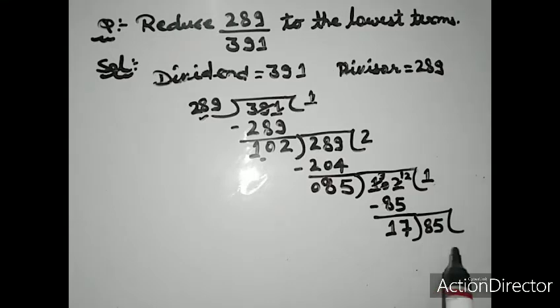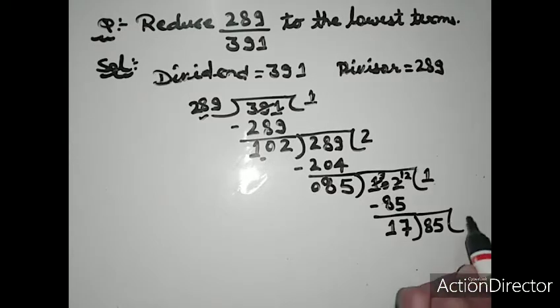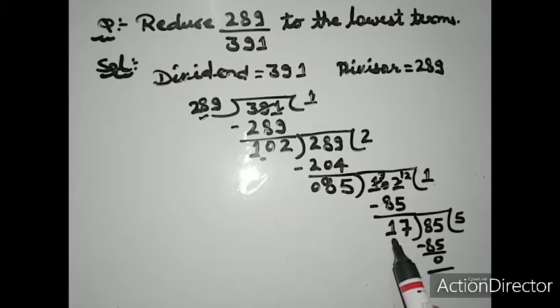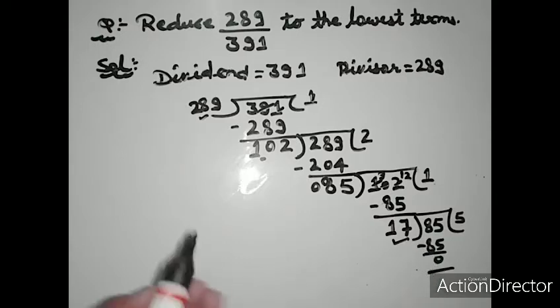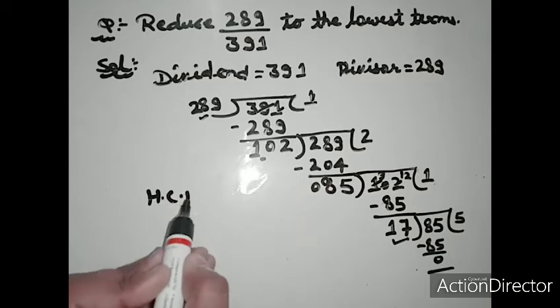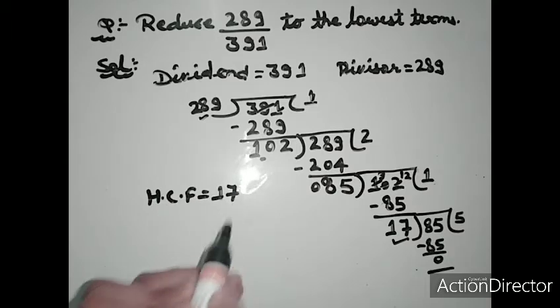Now we divide 85 by 17. 17 divides 85, 5 times. 17 5s are 85. Here we get 0. Now here we get 17 as the last divisor. So you all know that the last divisor is the HCF of the given numbers. So here we write HCF equal to 17.